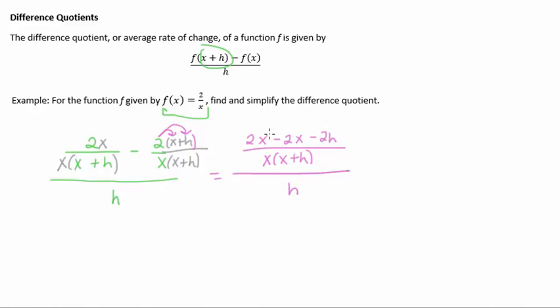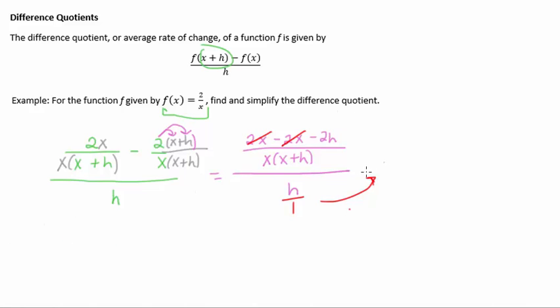So what can we do? Well, 2x minus 2x goes away. That gives us negative 2h over x times x plus h, over h over 1. And then I want to think about h over 1 as though it were a fraction, so that I can flip this fraction up and multiply by the reciprocal.